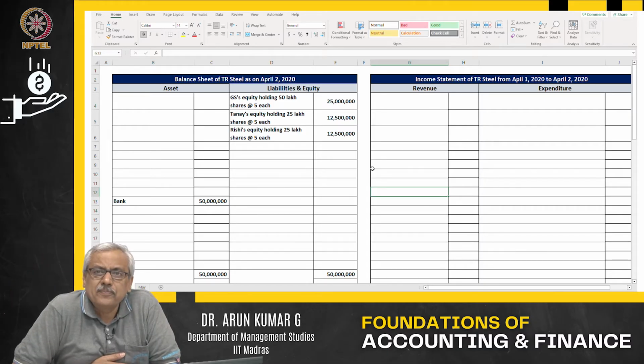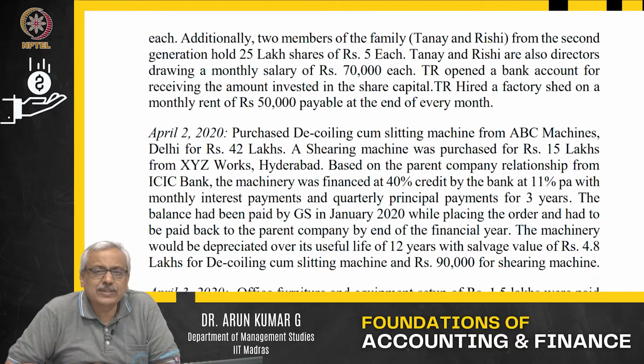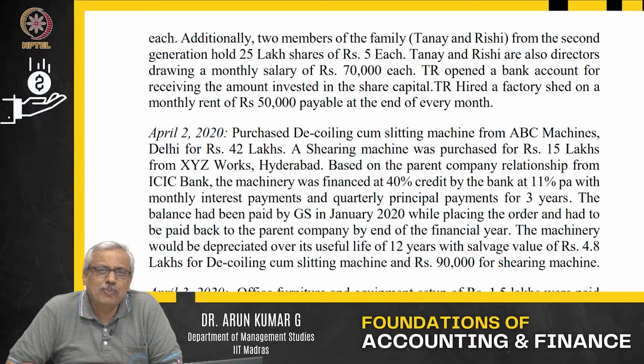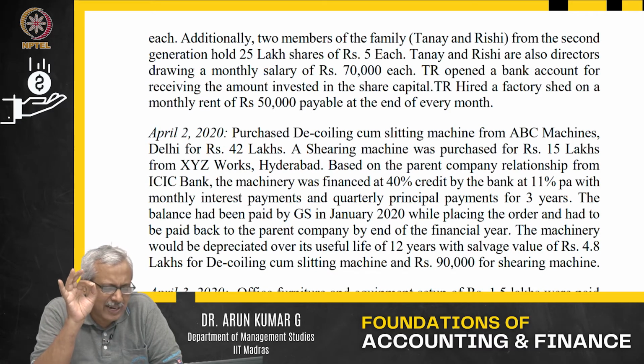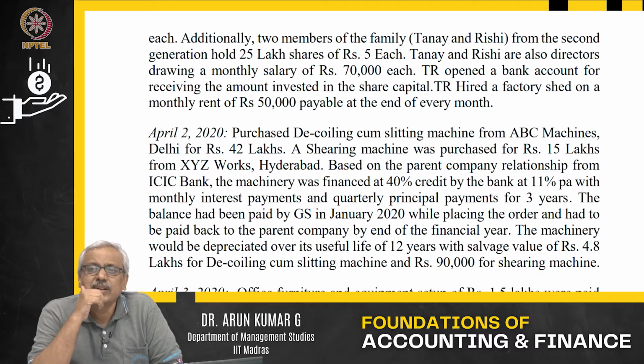So continuing, as of 2nd, what does the balance sheet look like? What about the P&L? Let's go back to the statement out there. 2nd April 2020, let's read this. Purchased a decoiling cum slitting machine from ABC Machines, Delhi for 42 lakhs. Let's stop it here. Moment you have purchased a machine, what has happened?